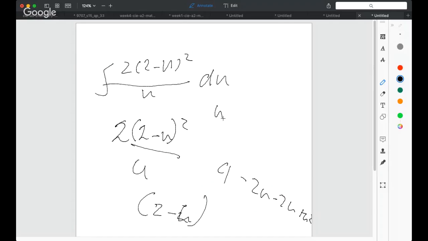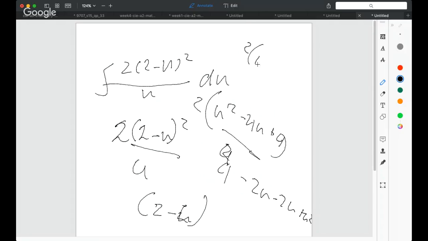So u squared minus 4u plus 4, divided over u. Then you split the fractions by dividing each term by u. So you split it into 3 fractions.